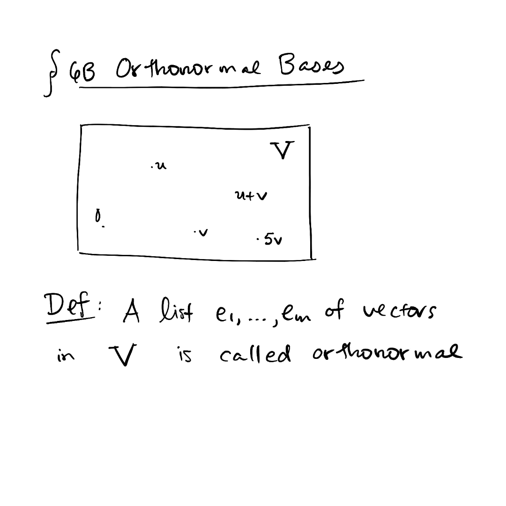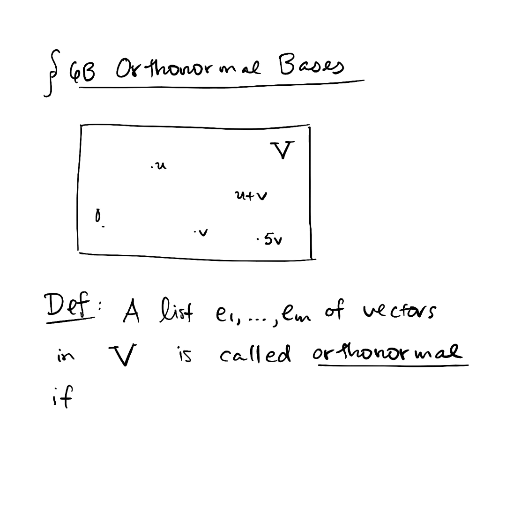Orthonormal, that's the term we're defining. If, well, a couple things, it's easy to say in words. Thing one, every one of the vectors on the list has to be norm 1. They're all unit vectors. They all have norm 1. Thing two, each vector on the list is orthogonal to each of the other vectors on the list, meaning when you take the inner product of one of these with another one of these, you get 0.